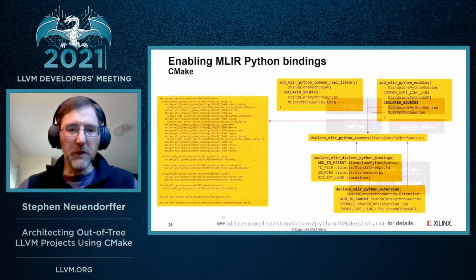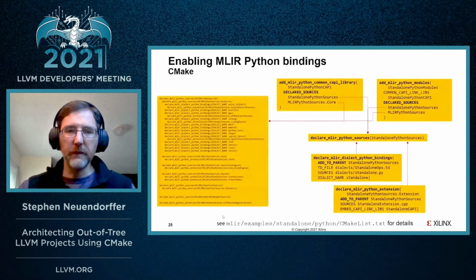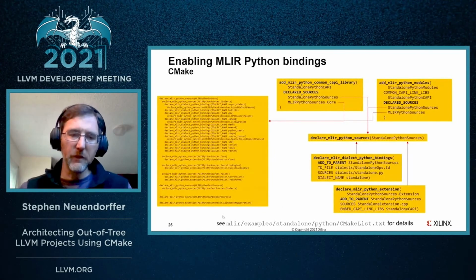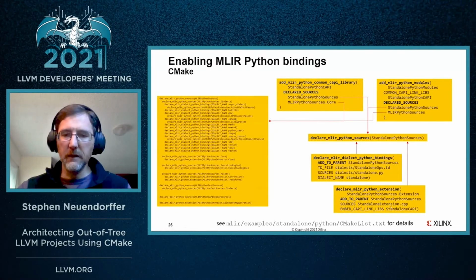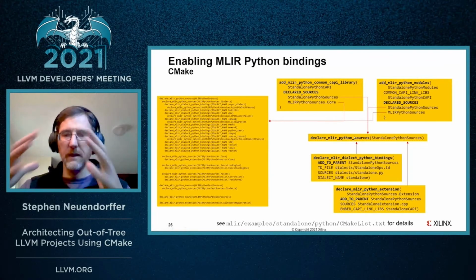So here's an example of how you might use these functions. This is again taken from that standalone example in MLIR. To begin with, in the lower left here, there's a number of different extensions. In fact, there's an extension that is a dialect extension that is declared, and an extension which is a C++ extension that primarily consists of C++ sources. And both of these are aggregated within a tree of extensions.